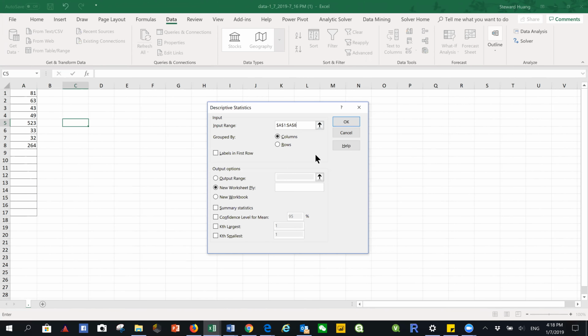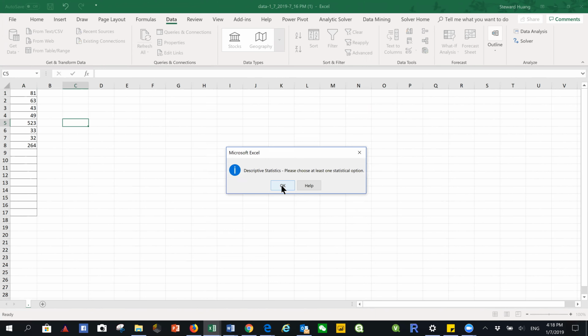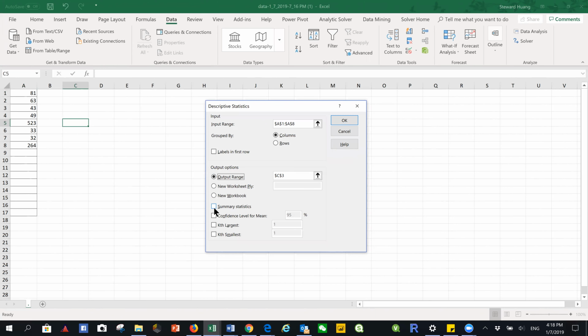I choose to put it on the same page, and let me put it here. Summary statistics. I think that's good enough.